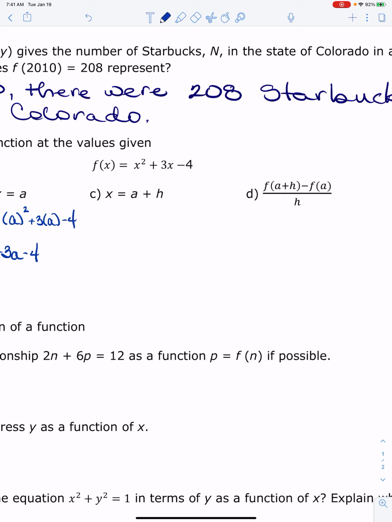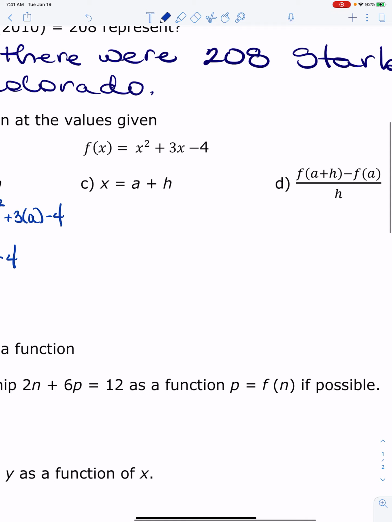So for C, x equals a plus h looks a little funkier. We're going to do the same thing. We've got f of a plus h. So a plus h in its entirety goes in everywhere there's an x.